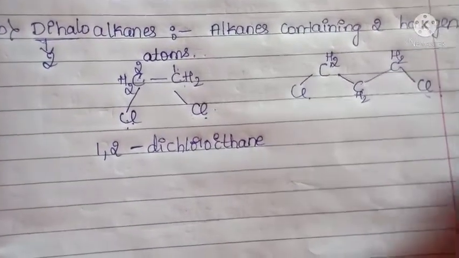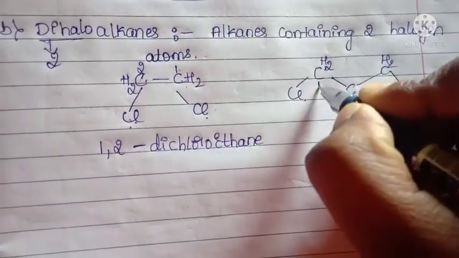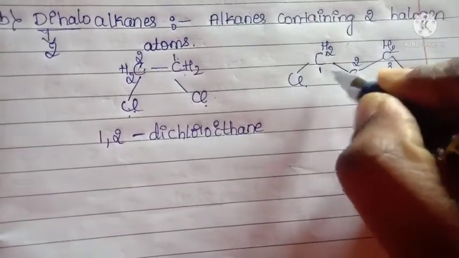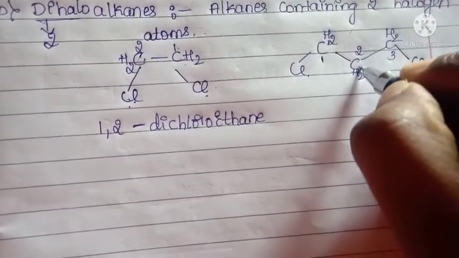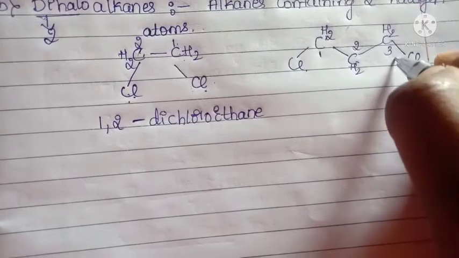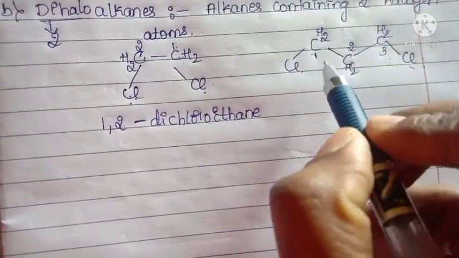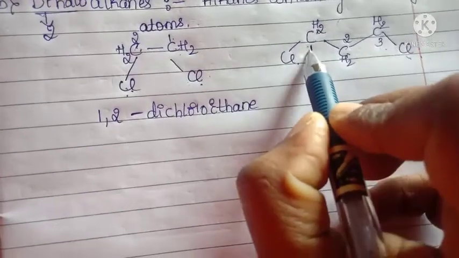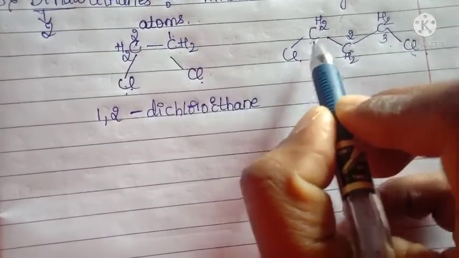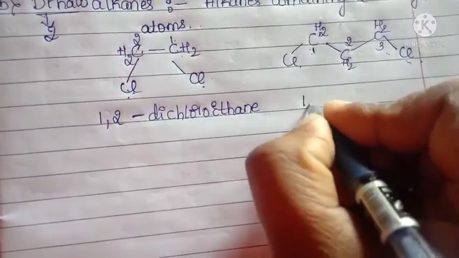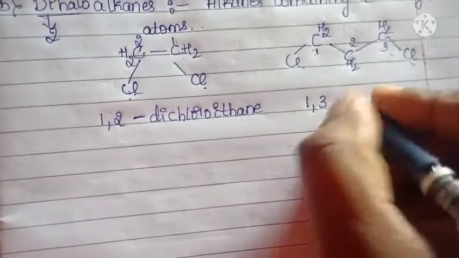Okay, here you have to give the numbers 1, 2, 3. On this side this will get 2 and this will get 3; on the other side this will get 3. So here, to which carbon atoms is the chlorine atom attached? First and third carbon atom. So you have to write the numbers first, 1, 3.